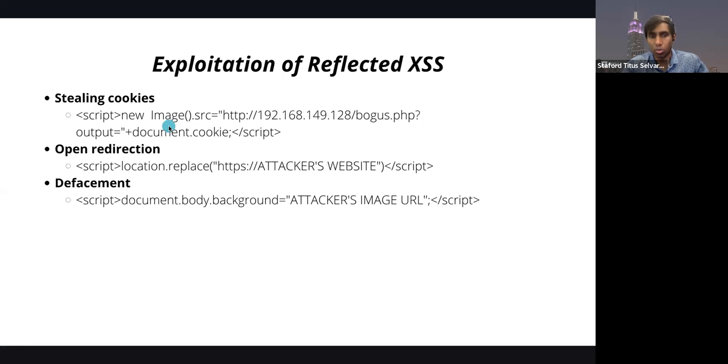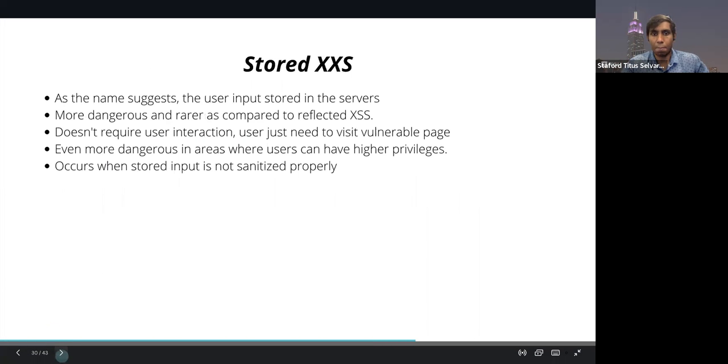So you'll be getting all their cookies. That's how it works. From reflected XSS, we're going to use the same kind of methods, the same kind of payloads, just level it up a bit so that we are able to store it somewhere. And so anybody who views it is under fire from us.